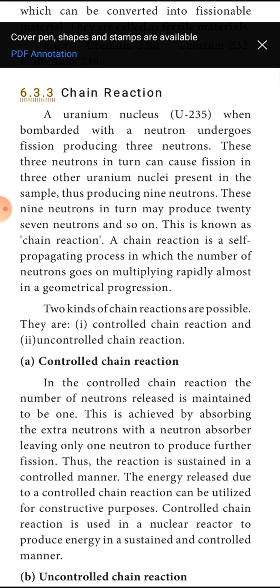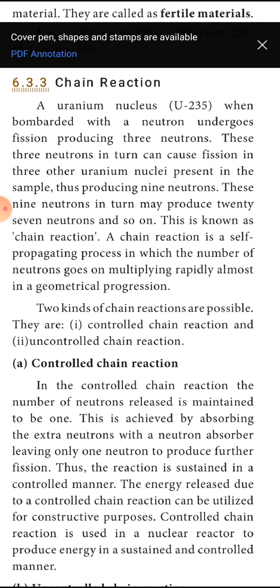In such a way, the same nuclear fission reaction is used as a controlled chain reaction in a nuclear reactor and an uncontrolled chain reaction in an atom bomb, producing a devastating effect.